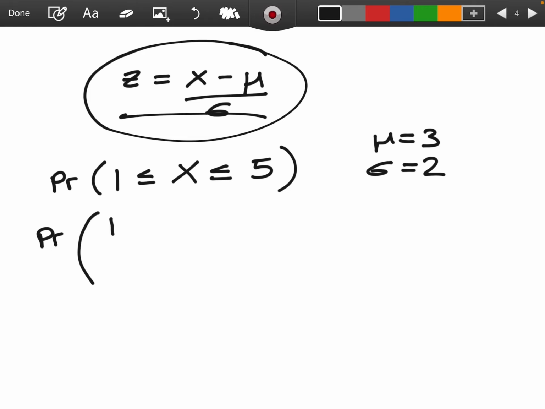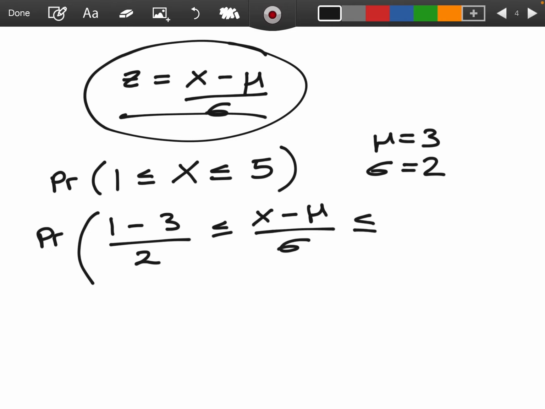So let's apply this throughout our equation here. So we take each of our x values, we subtract the mean, we divide by the standard deviation. X, we're just going to use algebra in the middle. And then I've got our x value 5 minus our mean of 3 divided by our standard deviation of 2.